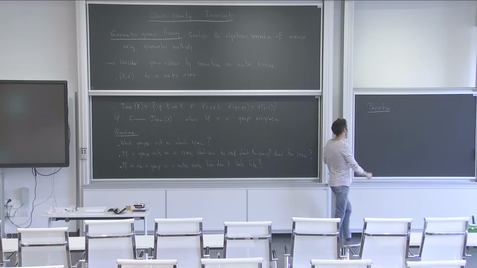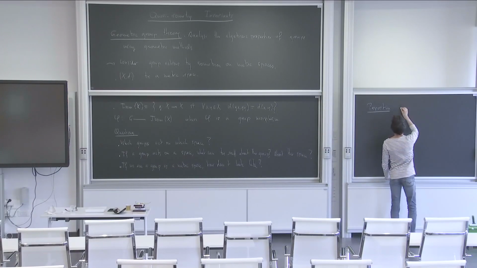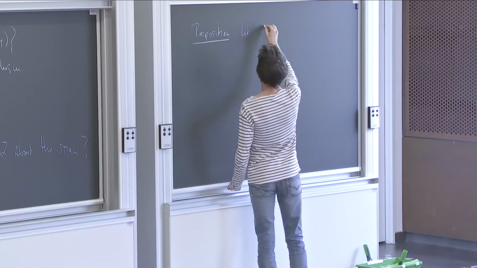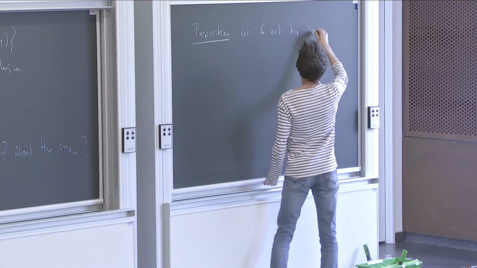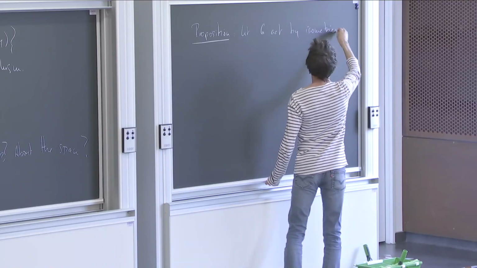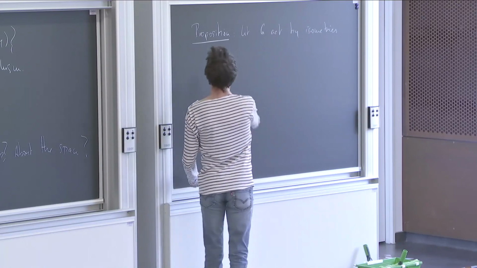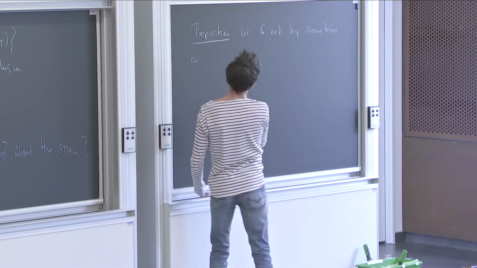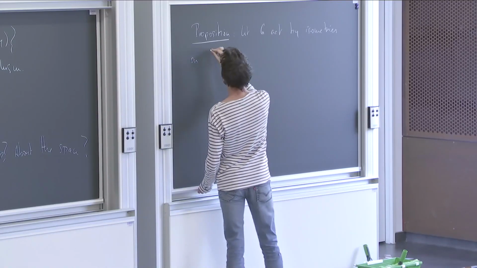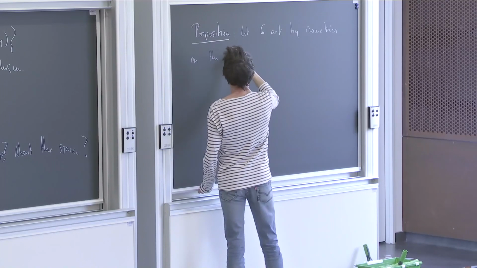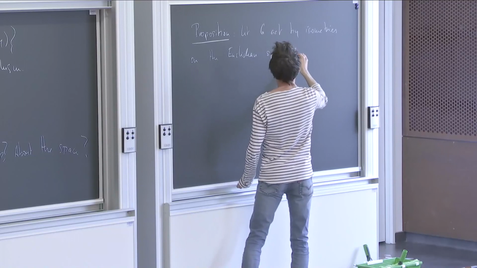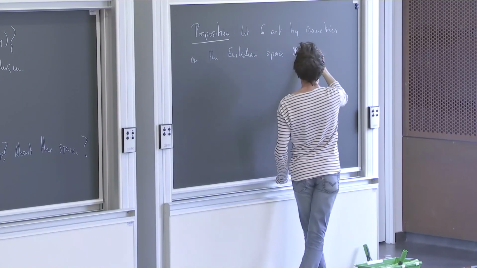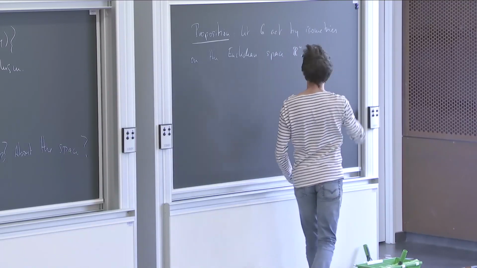So we assume that a group G acts by isometries on the Euclidean space R^n, where I assume that n is at least 1.